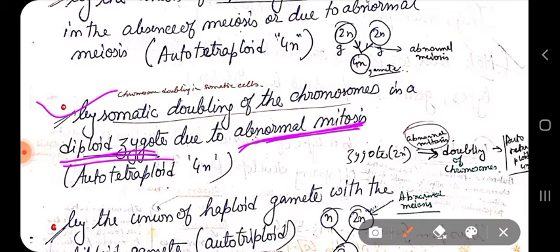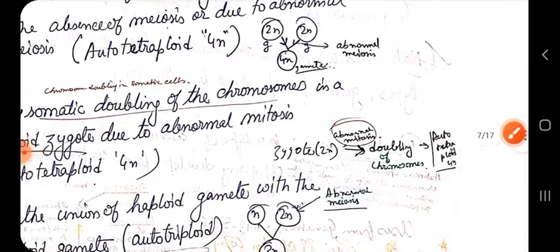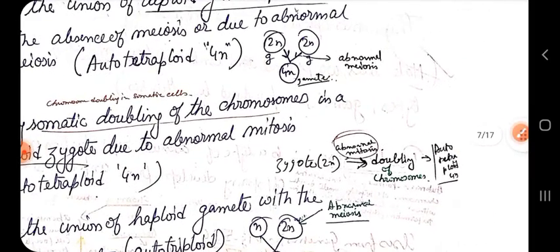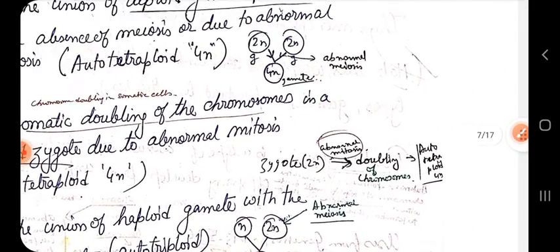If that diploid zygote is allowed to undergo abnormal mitosis, then we are able to produce an autotetraploid again.